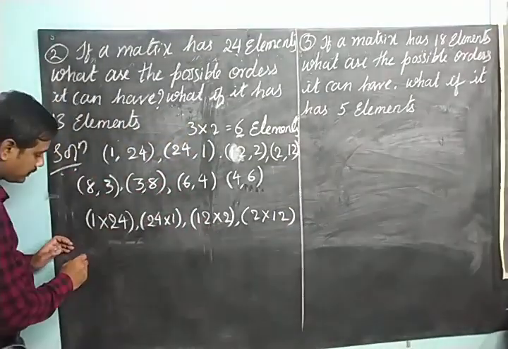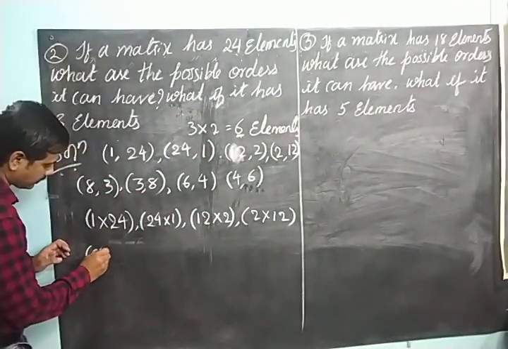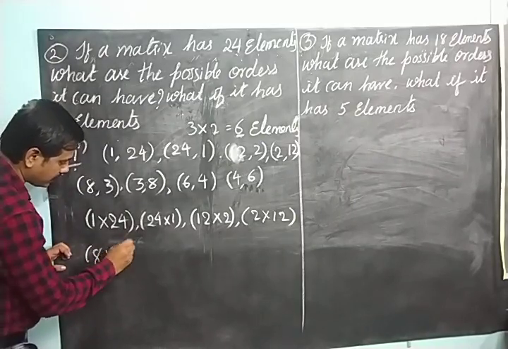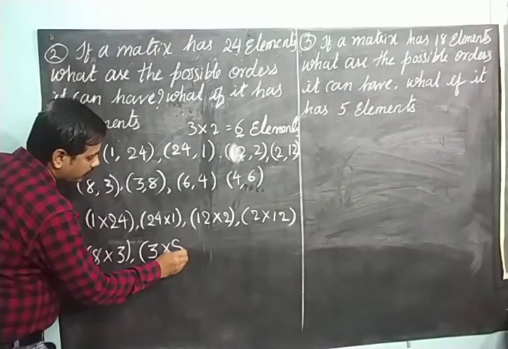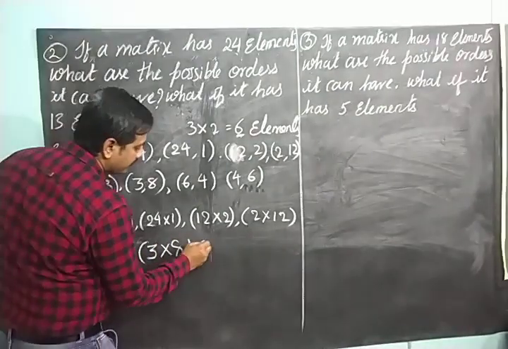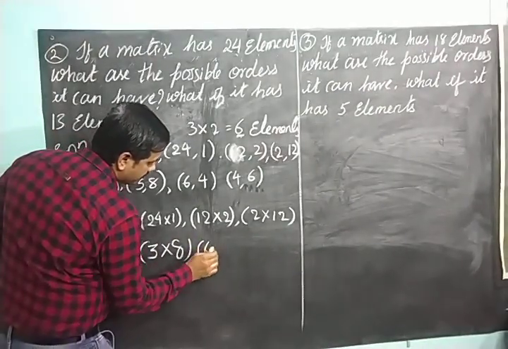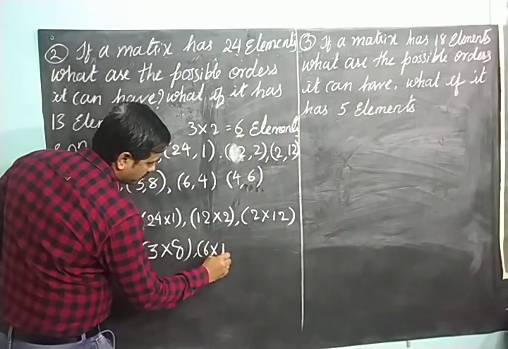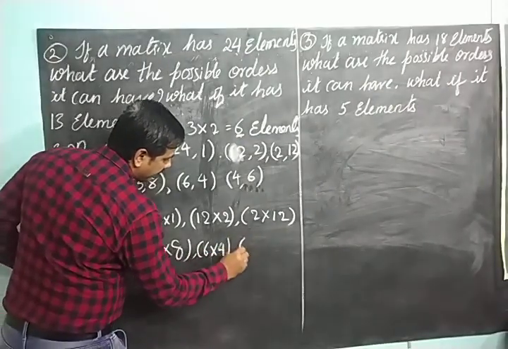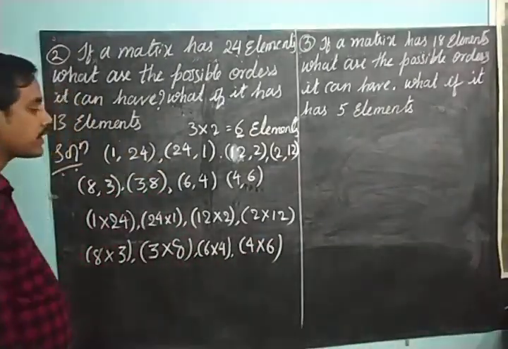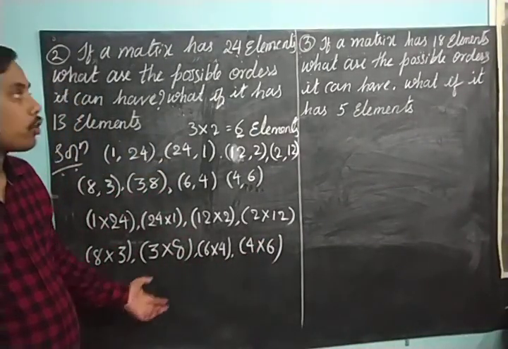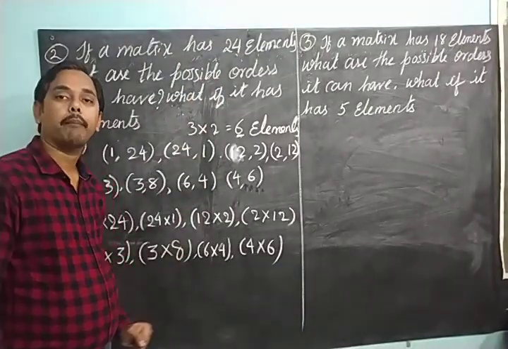Then 8 cross 3. Also there is a possibility of 3 cross 8. 6 cross 4 and 4 cross 6. So these are the possible orders of the given matrix.